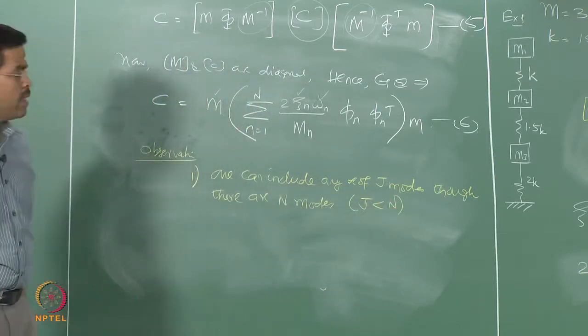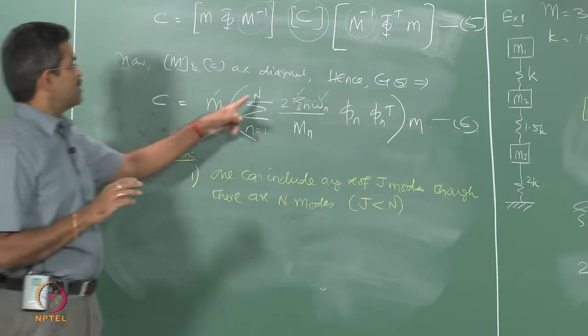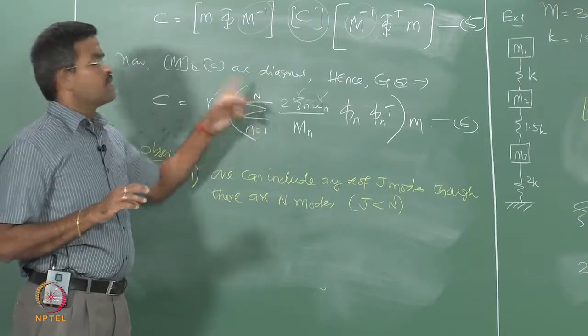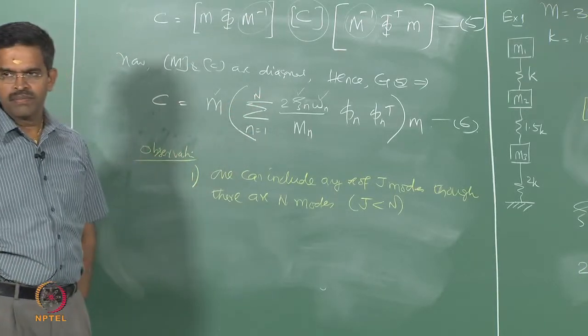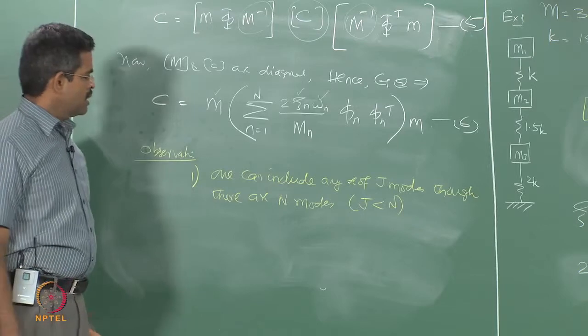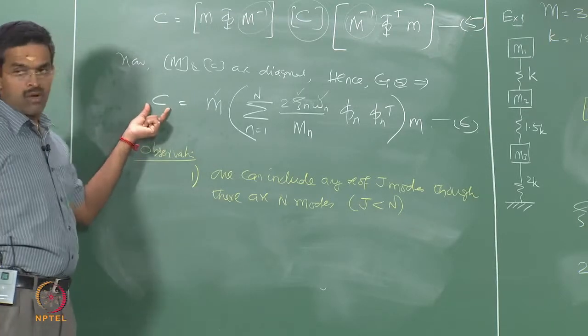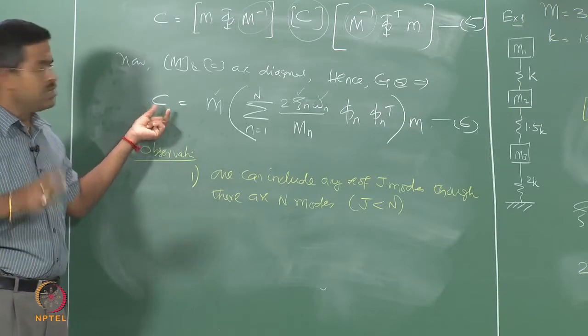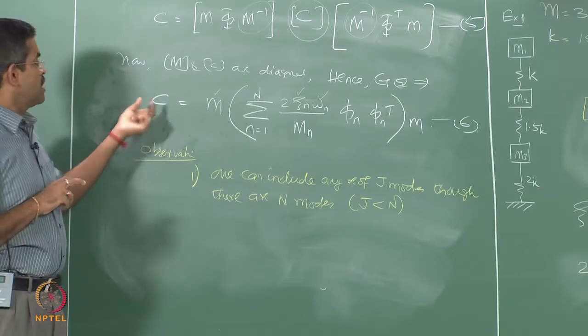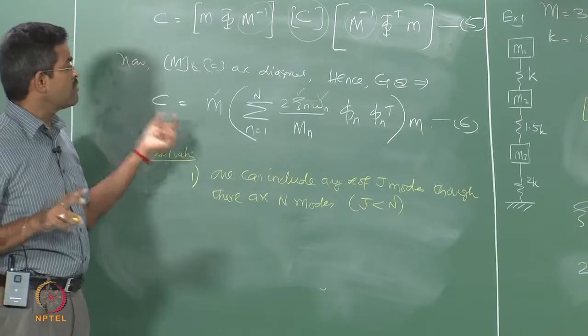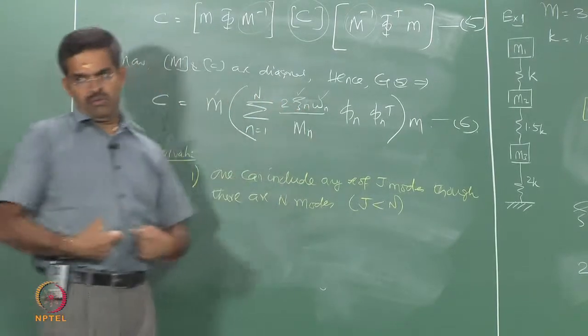What does it mean? For your choice, you can select this upper limit of this summation to any J number. One can ask me a question, if n is 3 and J is 2, then you will not have the contribution of the jth equal to 3 in C. It means the damping matrix will have no contribution of damping ratio from the third mode.